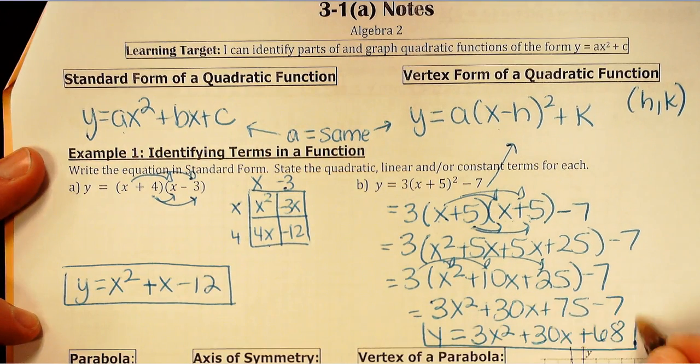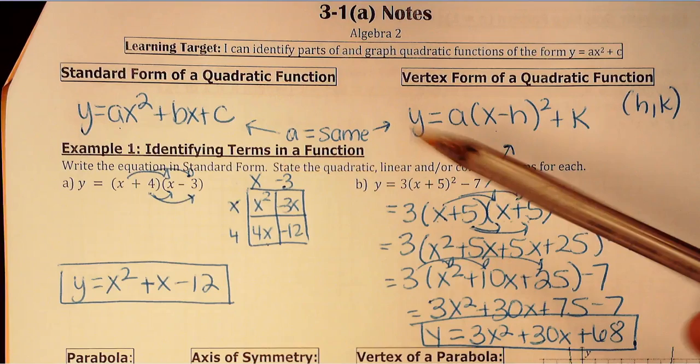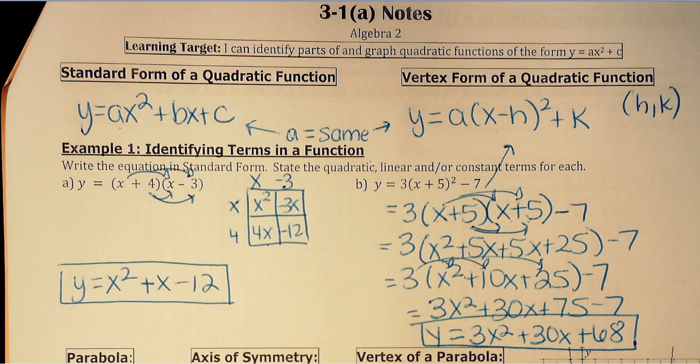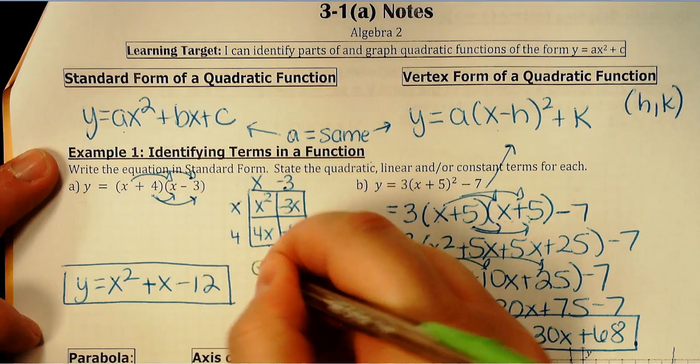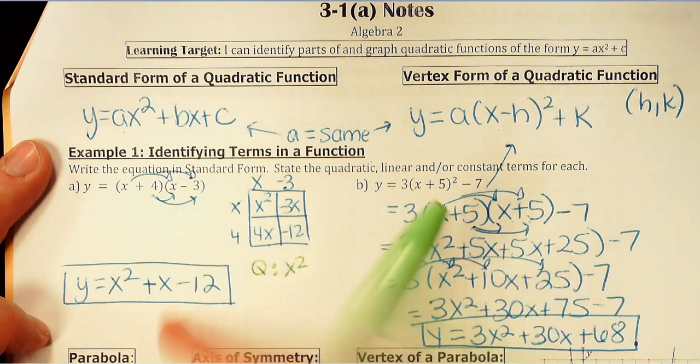Okay, now just to go through real quick, these are standard form. It says state the quadratic, linear, and/or constant term. So I'm just going to go back through and show you how to do that real quick. The quadratic term, I'll just write a Q, is the term with the x squared. So here, for this question, just x squared.